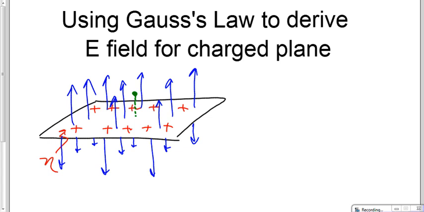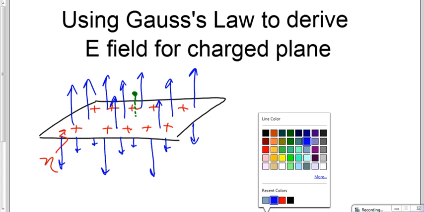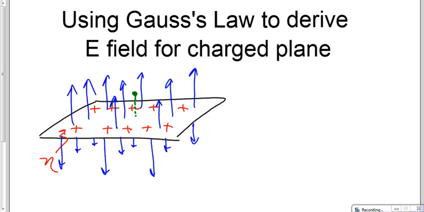Now I'm going to draw a Gaussian shape that is near those, and I usually do this in a dashed black line. What you want to draw is some shape that goes right through the middle of the sheet, or I guess the sheet goes right through the middle of it, and I usually draw a Gaussian cube.